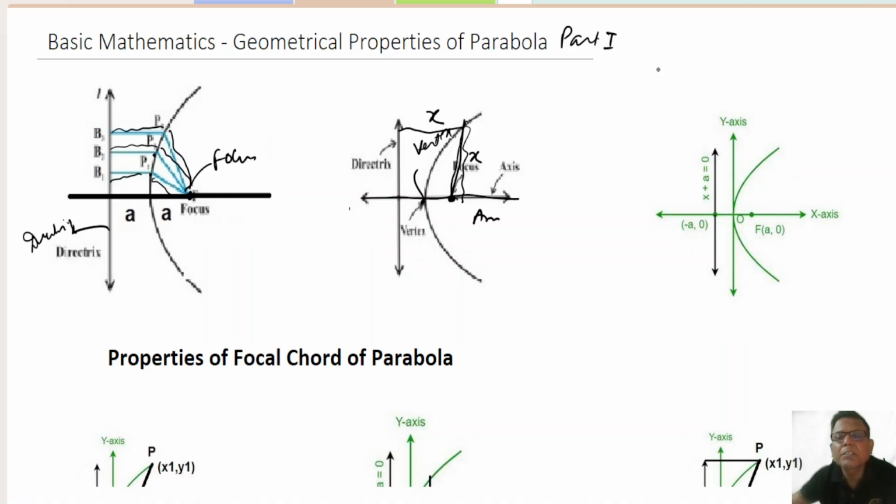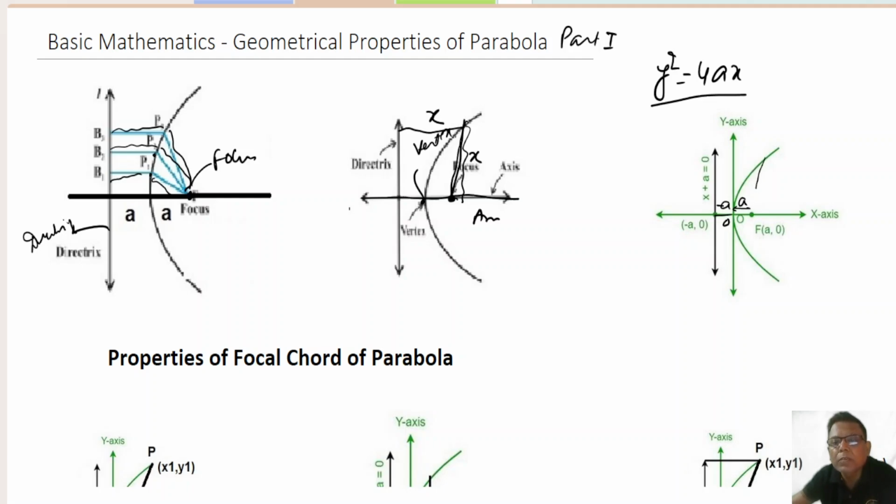Let us take the standard equation, that is y square is equal to 4ax. For y square equal to 4ax, the directrix equation will be x plus a is equal to 0. That means if this is the origin (0, 0), this distance will be minus a, and this distance will be a with respect to the origin.